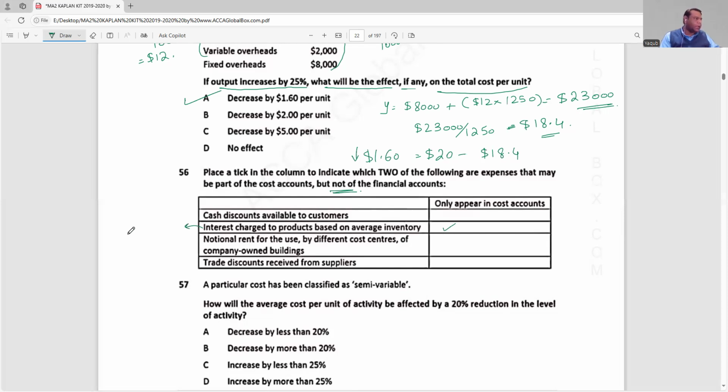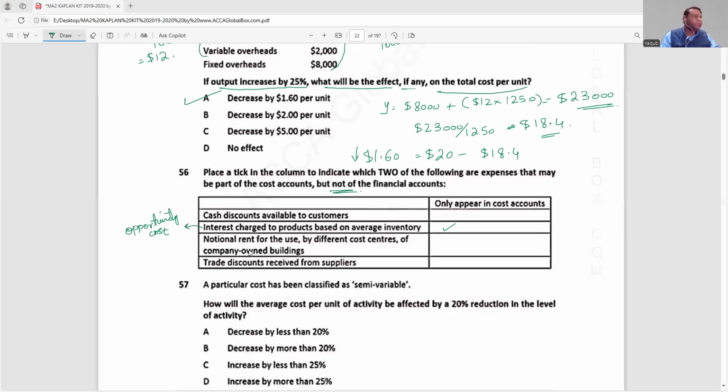It means opportunity cost. We will study this. If you are buying inventory of $1,000, it means you are going to miss your opportunity to earn interest from the bank.